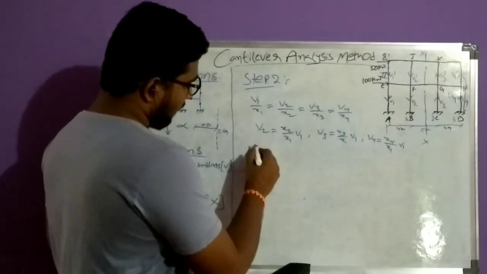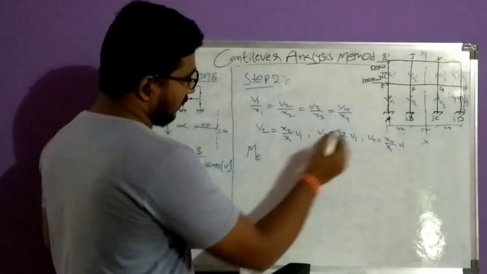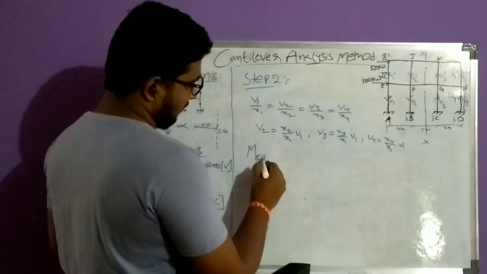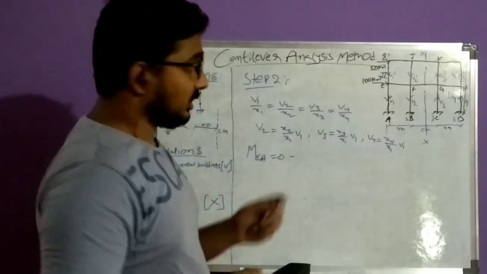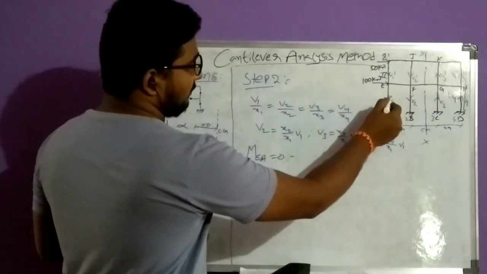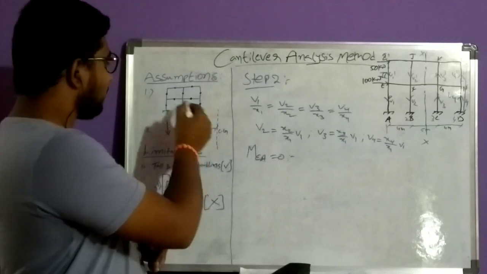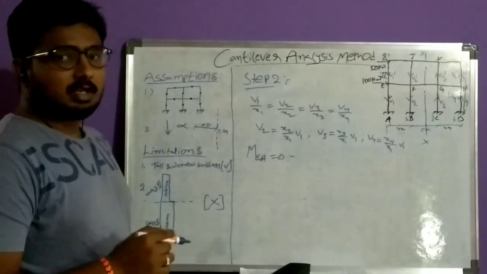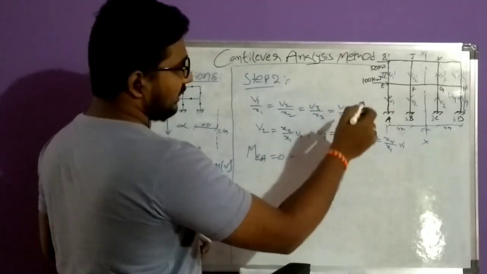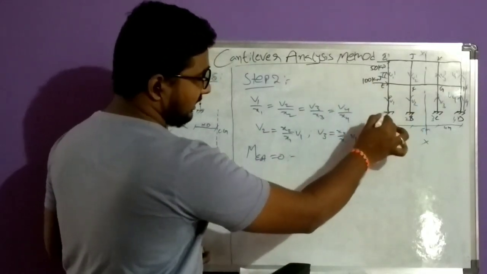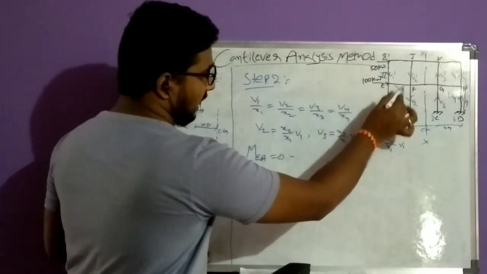I am considering the moment equation. Moment at column AE is equal to 0. Equilibrium equation, which is nothing but the moment at this point. From this assumption, we have to calculate the moment at the center of the column. So this is the point. Here we have to calculate the moments. Here 100 kilonewtons acting at this point in the clockwise direction.